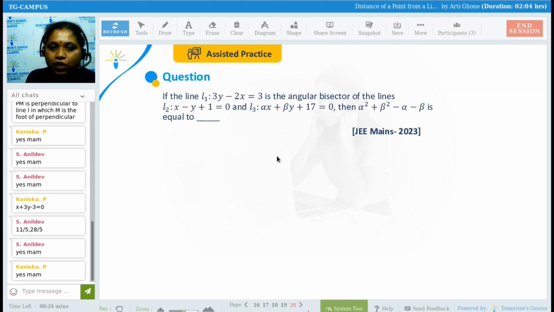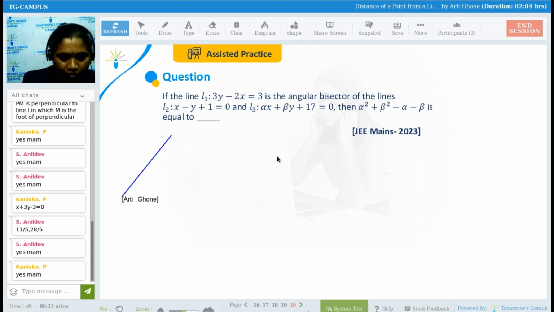Now, if the line L1, 3y minus 2x is equal to 3, is the angular bisector of the lines L2, x minus y plus 1 is equal to 0, and L3, alpha x plus beta y plus 17 is equal to 0, then the value of alpha square plus beta square minus alpha minus beta is equal to? So angular bisector.